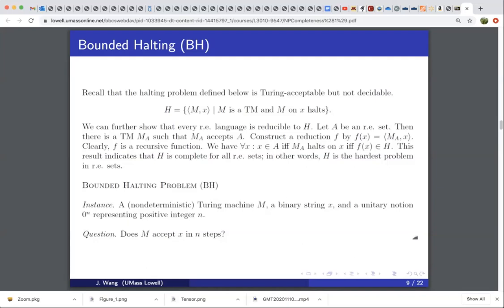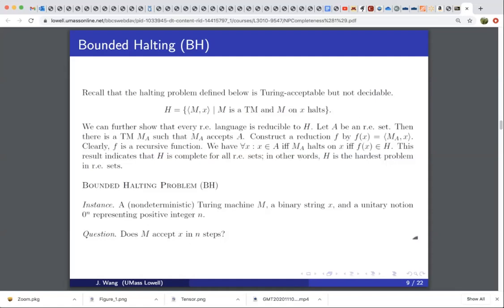We already showed that we can further show that every Turing acceptable language is reducible to H. This is pretty straightforward.